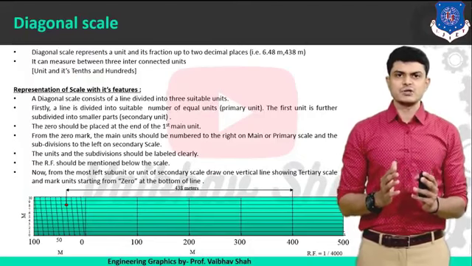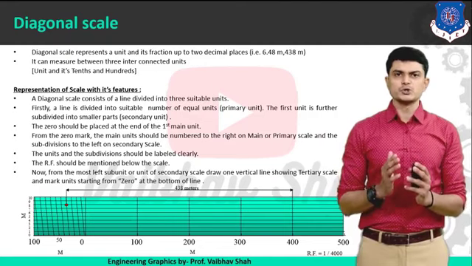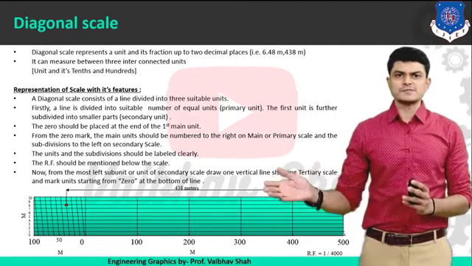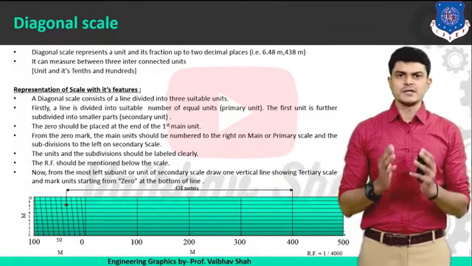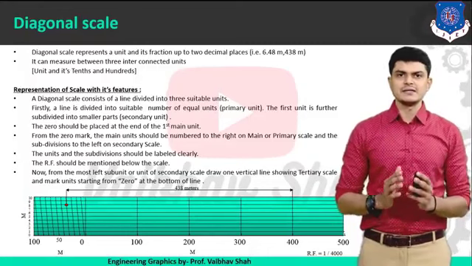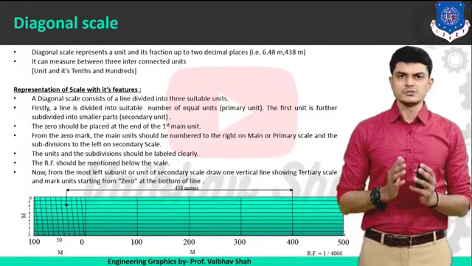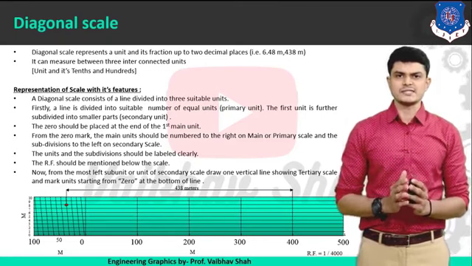After constructing your secondary scale on the left hand side of your 0, you should construct from the leftmost point of your subscale a vertical scale, which is your new scale, also known as your tertiary scale.